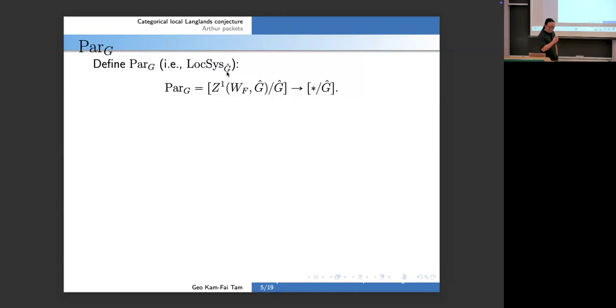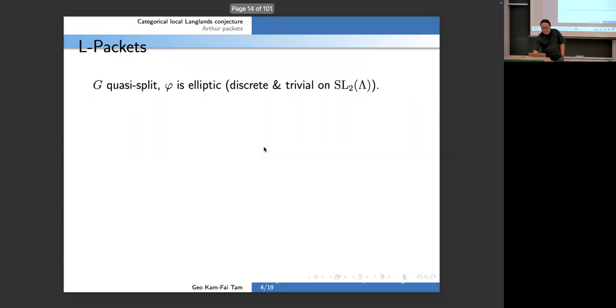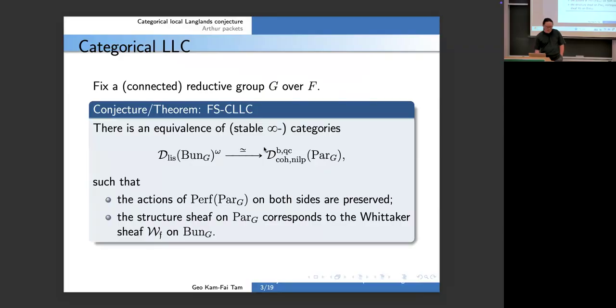I should say the first statement of this conjecture is also proved in a series of papers by Gaitsgory and his group in the function field case, or you can think of it as the equal characteristic case.